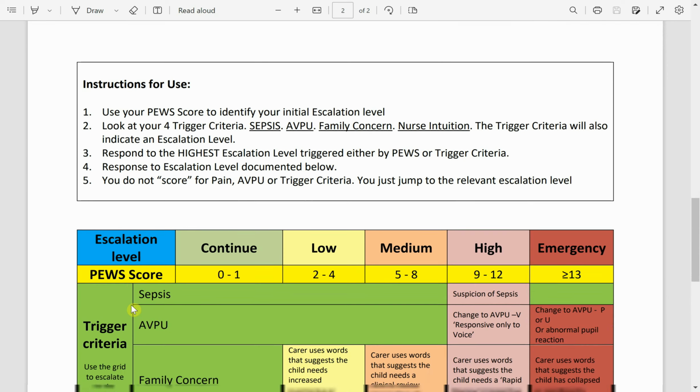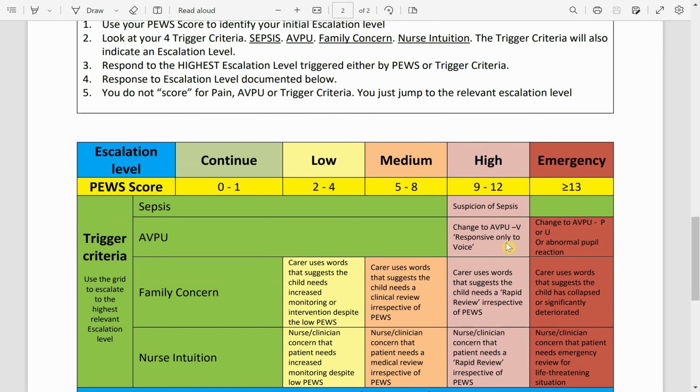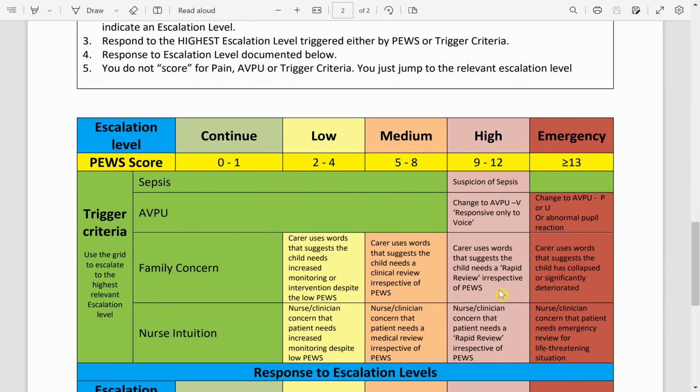We have just scored our patient as an 11, which if you go along your PEWS score to 11, indicates that it's high. So this means that we're going to look down those boxes and ask: is there a suspicion of sepsis? Have we had a change to our altered state? Do we have clinical concerns that our patient needs a rapid review?